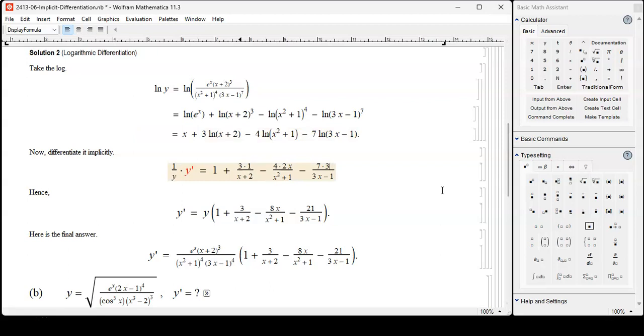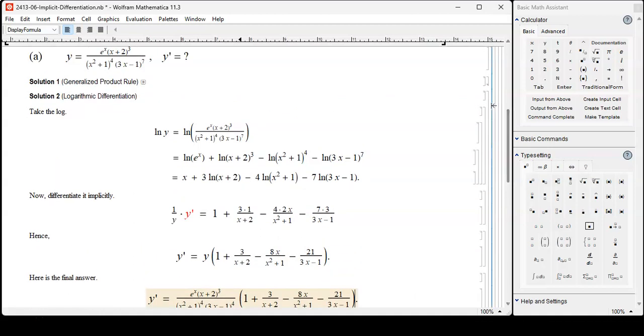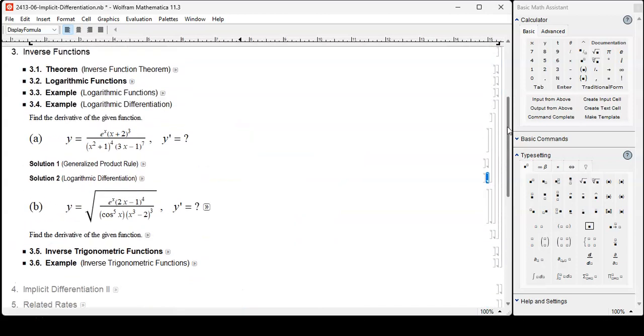Y prime over y in the left-hand side, right-hand side, the derivative computation for each logarithm. Flip y to the other side, and then replace y back to the original problem. That completes the solution, and this method is called the logarithmic differentiation.